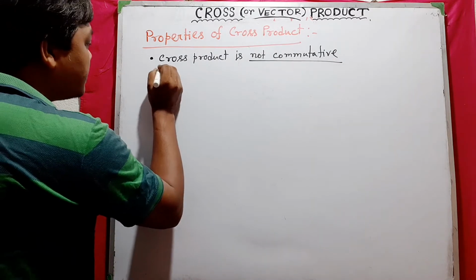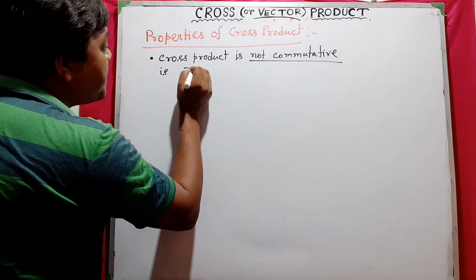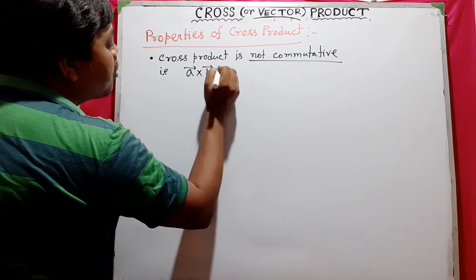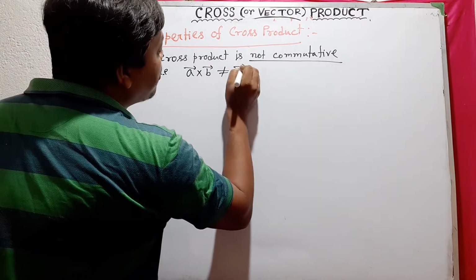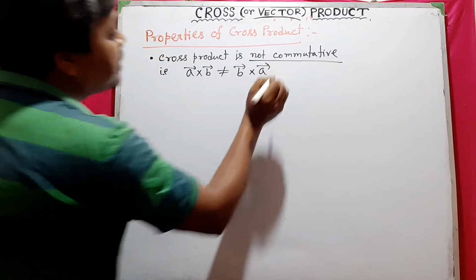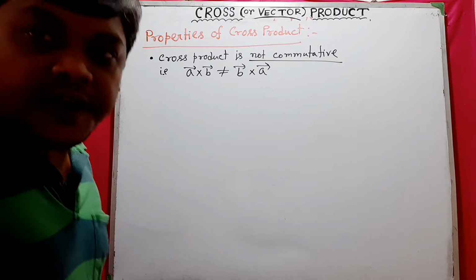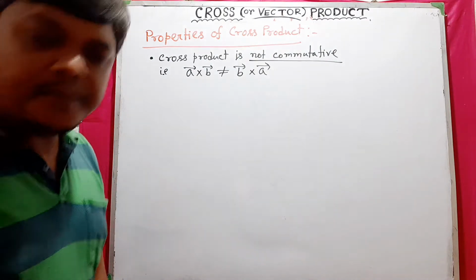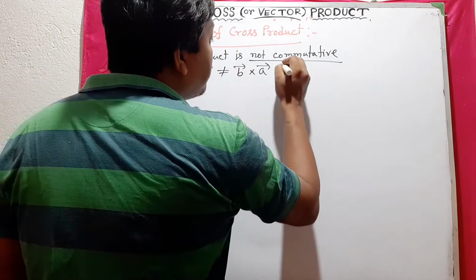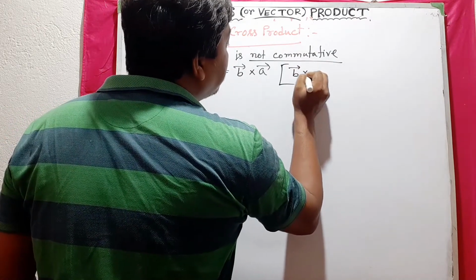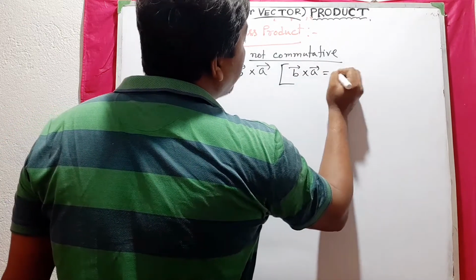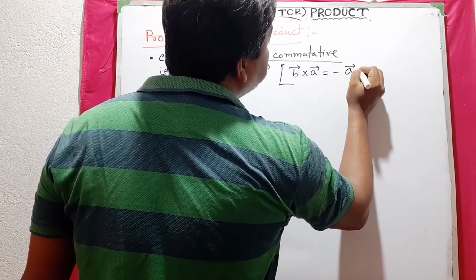That is, A cross B not equals to B cross A. And if anyone asks you the question, what is the relation between A cross B and B cross A? So you have to write down here, B cross A equals to minus of A cross B.